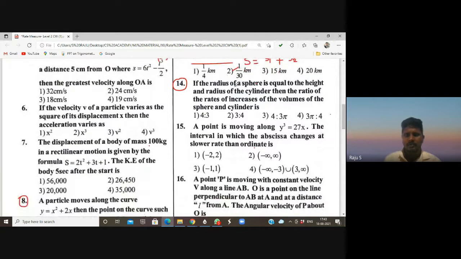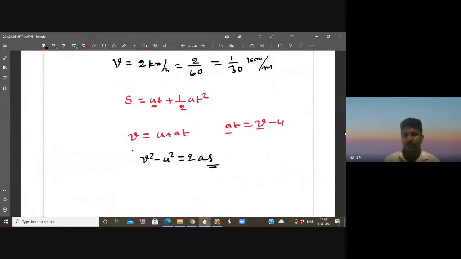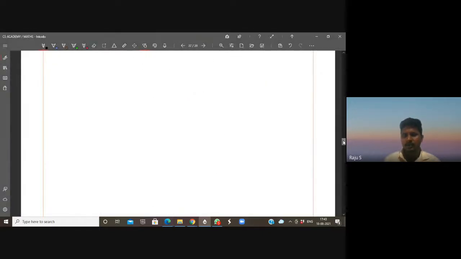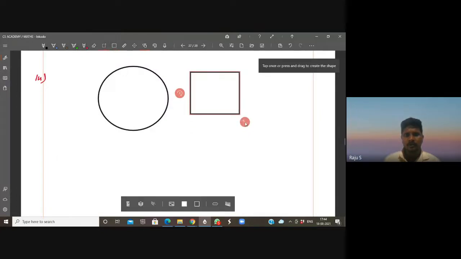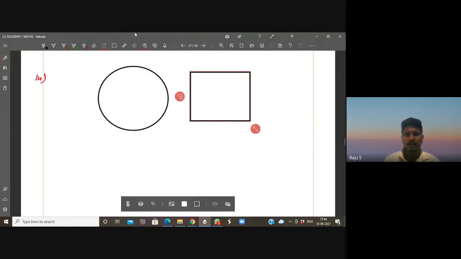Yeah, let us do this question. This is related to mensuration also. The radius of the sphere is equal to the height and radius of the cylinder. What about these, students?